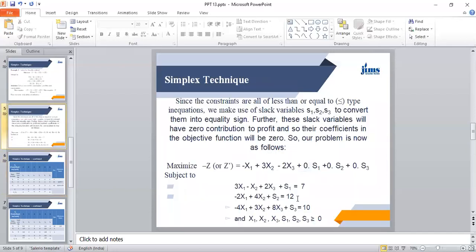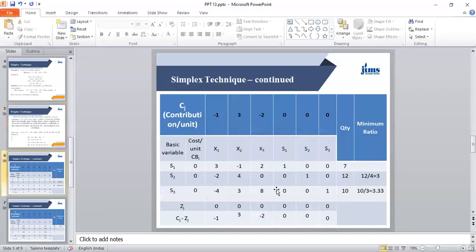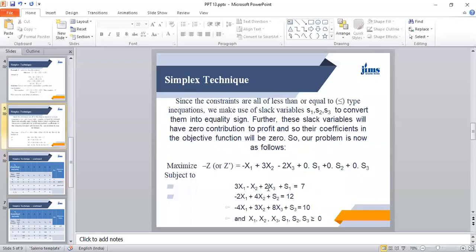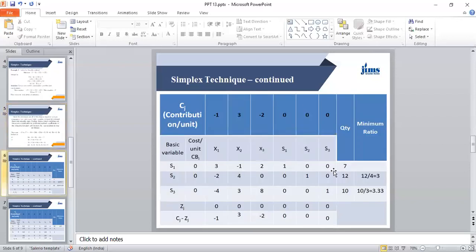First, in the s1 row, x1 has a coefficient of 3, x2 is minus 1, x3 is 2, s1 is 1, and s2 and s3 are 0, because there are no s2 and s3 terms, and the quantity is 7.